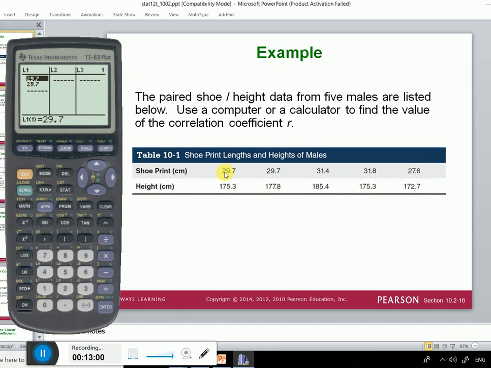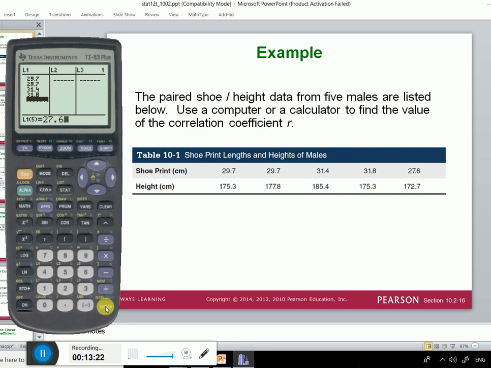So I enter 29.7, and then I go to the next one, 29.7 for X, and 31.4 is the next one, 31.4, and 31.8, and then 27.6.